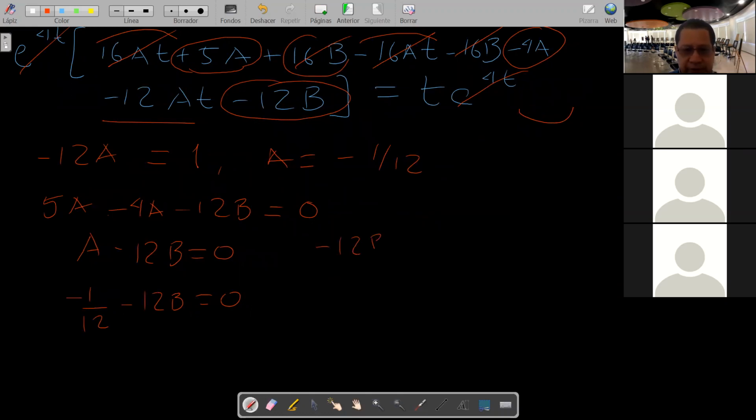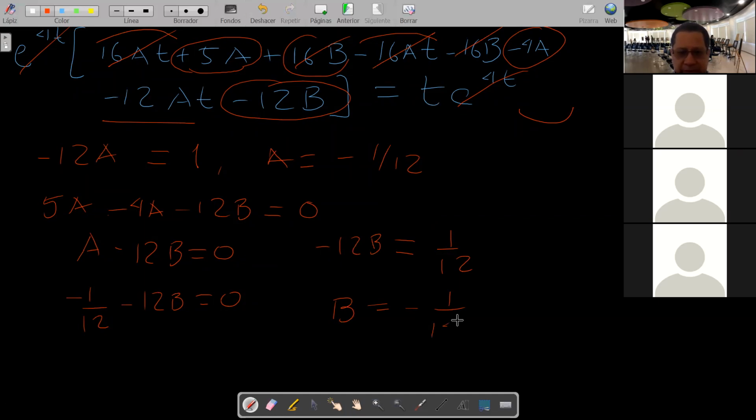So B will be equal to negative 1 over 12 times 12, and that will be equal to what? Is that correct? I think negative 1 over 144, no? I think I'm missing something.